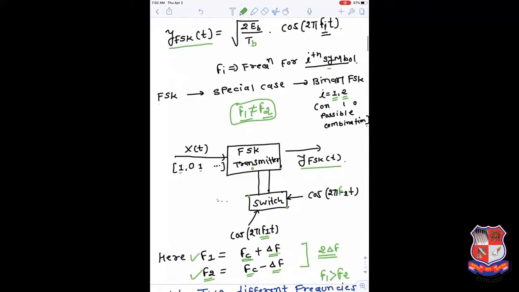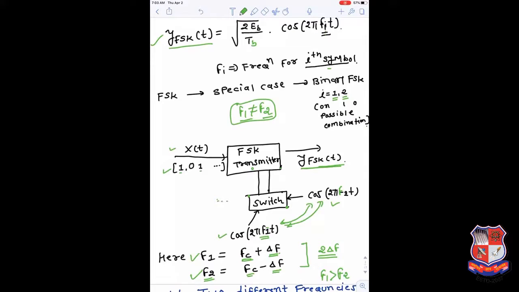This is a general block diagram of the FSK transmitter. X of t is the input, which is in binary form, and y FSK of t is the output signal, which is represented in mathematical form here. Now we are using 2 carrier signals. One carrier signal is of F1, which can be defined as cos 2 pi F1t, and another carrier signal is defined by cos 2 pi F2t, and there is a switching from cos 2 pi F1t to cos 2 pi F2t.